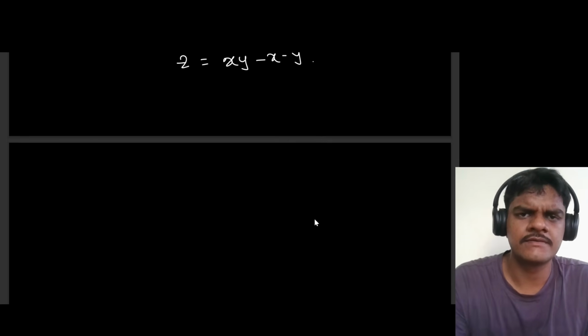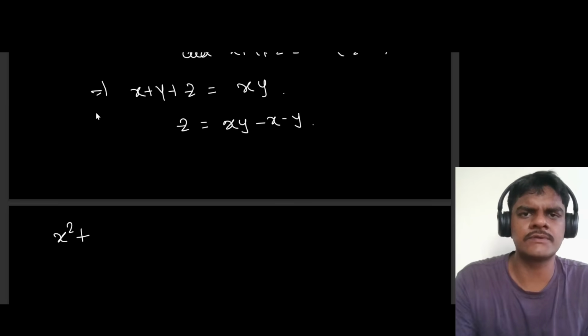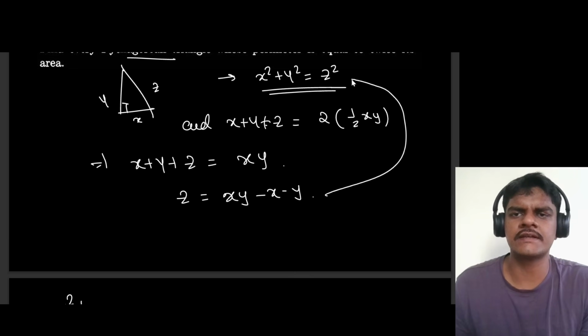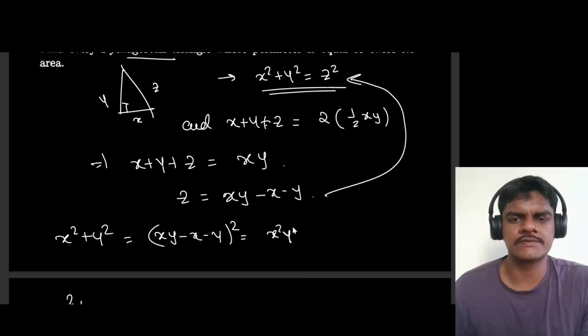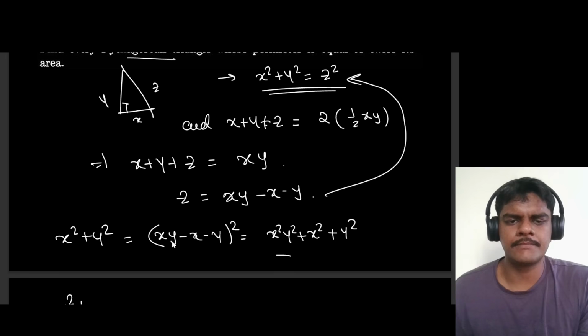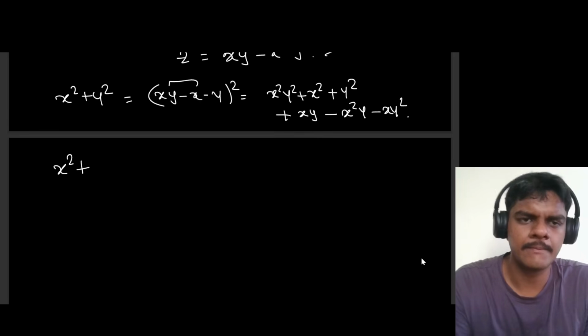Interesting. So let me put this value of z into this. I'll basically have x square plus y square is equal to xy minus x minus y whole square. That will be x square y square plus x square plus y square plus xy minus x square y minus xy square.